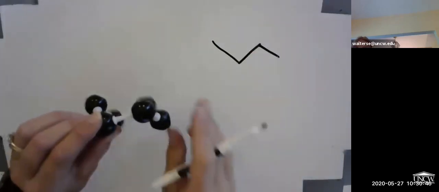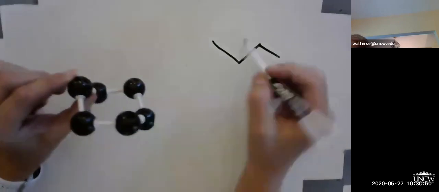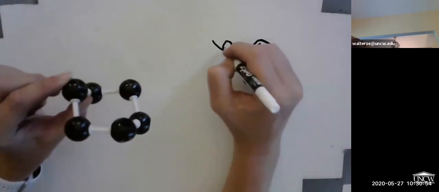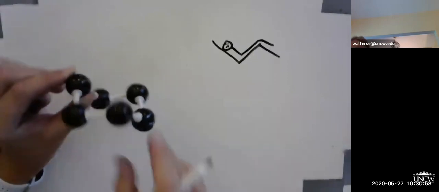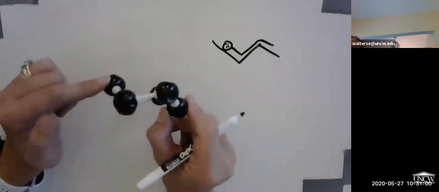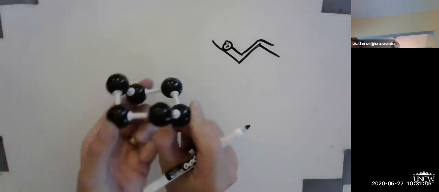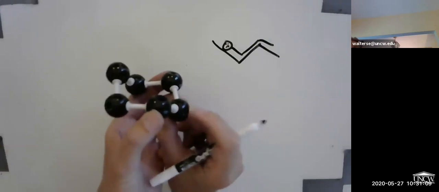So this carbon here where my hand is. If you go to the dentist, they make you sit in this chair, and you're very sad. I hate going to the dentist. Okay, so this carbon is where my head goes. This area down here, this is where the booty goes. And then your knees bend and your feet are here.